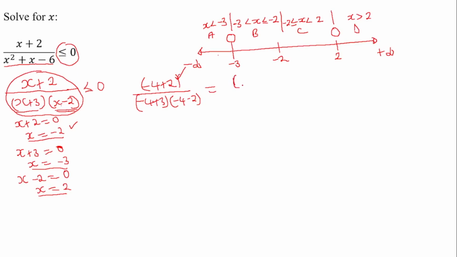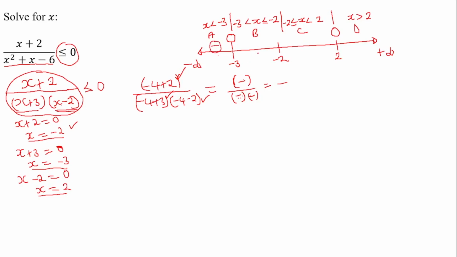This will give us a negative answer, then this will give us a negative answer, then this will give us a negative answer. Negative over negative times negative is just like negative over positive. So this is negative. It means here is negative, less than 0 here.